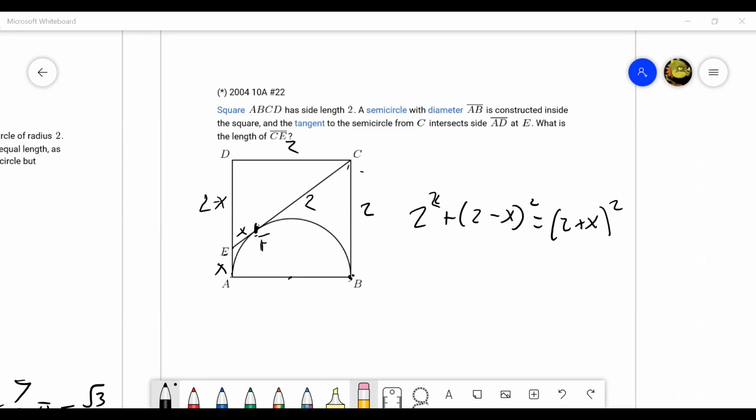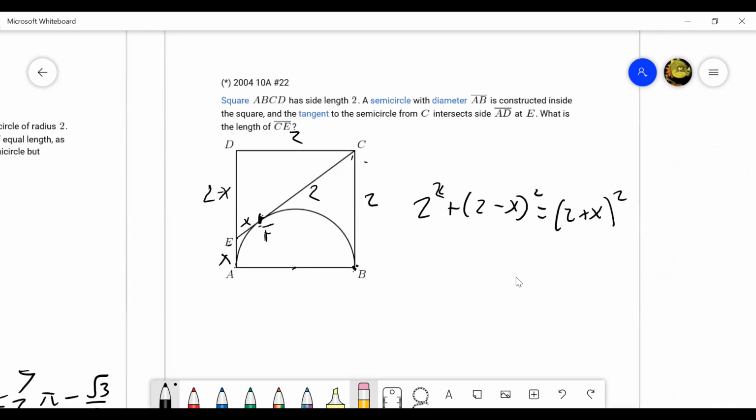So this is one way you can see how the Pythagorean theorem can come up in these problems involving circles.